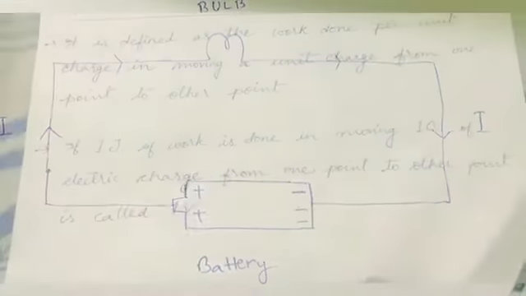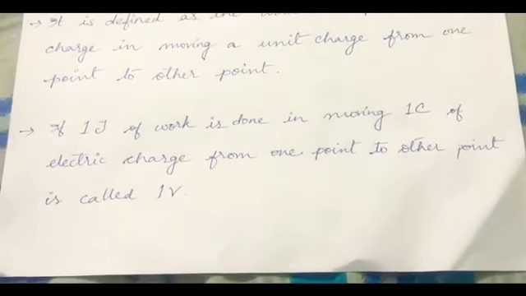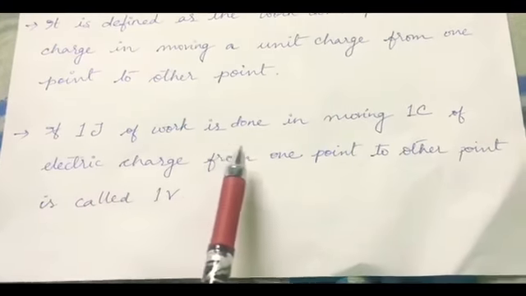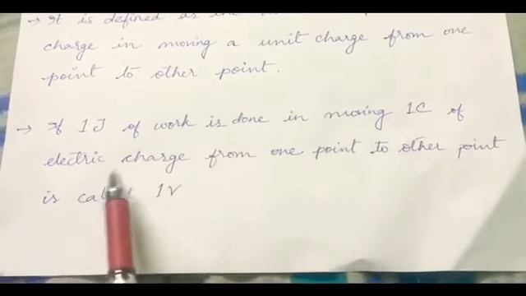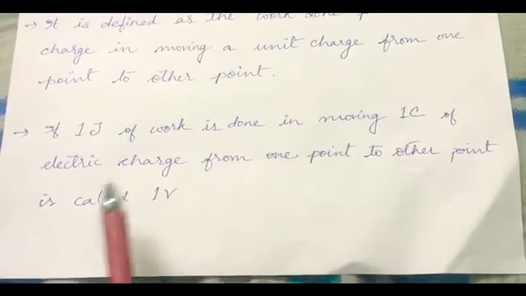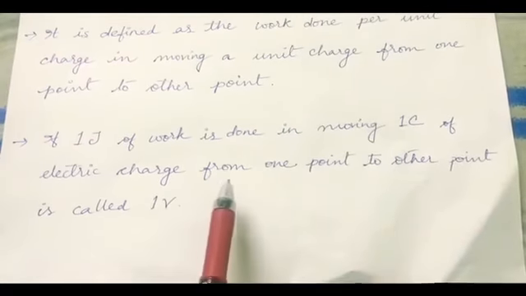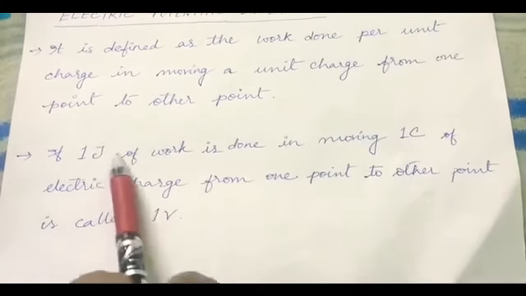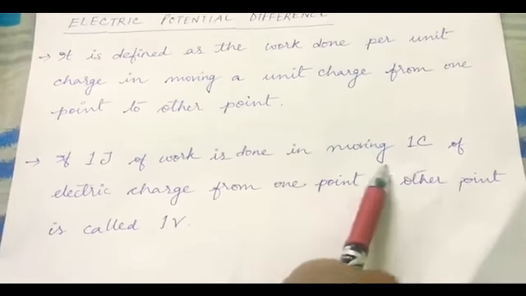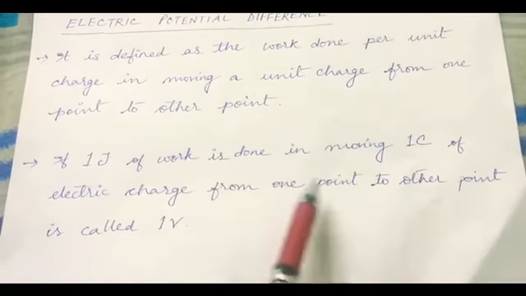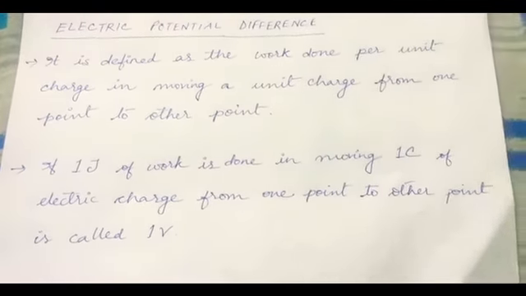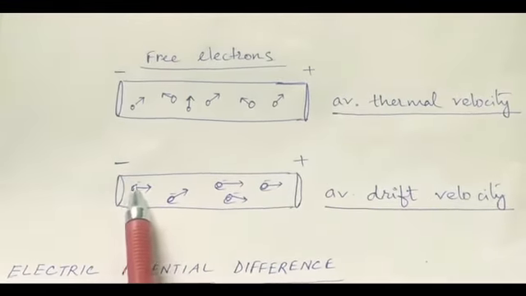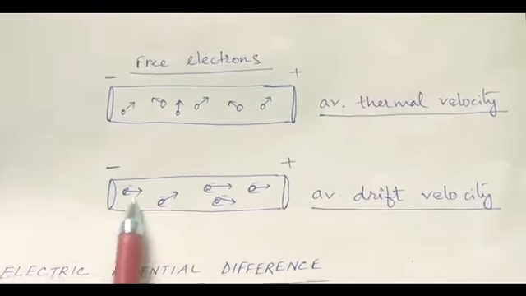Is it clear? So now let us see the last part, which is also a very important one. If 1 joule of work is done in moving 1 coulomb of electric charge from one point to other point, it is called 1 volt. Now if the question comes, what is 1 volt? Then you can say that if 1 joule of work is done in moving 1 coulomb of electric charge from one point to other point, then that is called 1 volt.